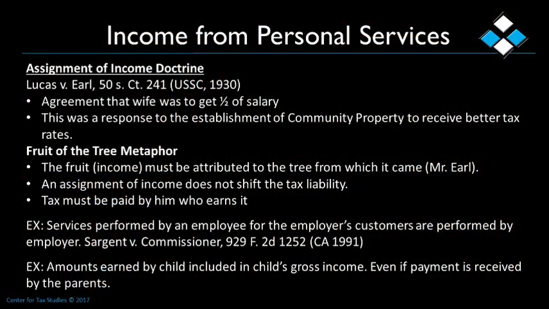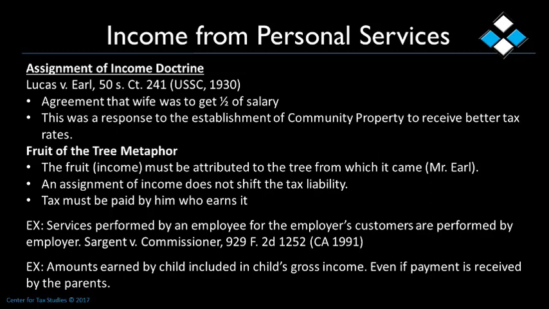To begin, we need to start with one of the most quintessential tax cases that there is, Lucas v. Earl, and the fruit of the tree analogy that came from this particular case. In Lucas v. Earl, Mr. Earl had an agreement with his wife that she was to receive 1/2 of his income.